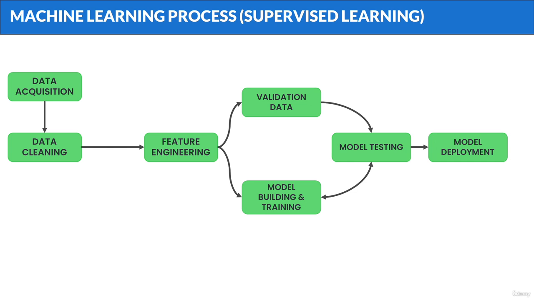Then we'll clean, prepare, and format our data into a structure that can actually be processed and worked with by our machine learning models and algorithms. For the vast majority of cases, we'll use libraries such as pandas to do this. Then we'll carry out any feature engineering that we need to do in order to create other variables that our model can use.